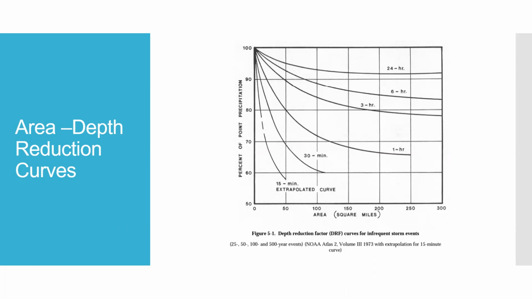So if we have a drainage area of 10 square miles, maybe I should draw this up on the board. Actually, I can draw it up here.